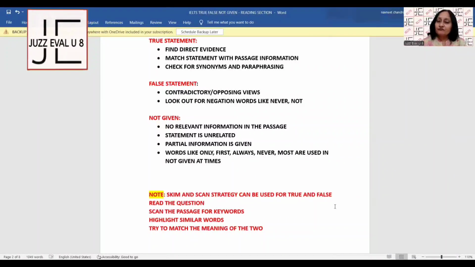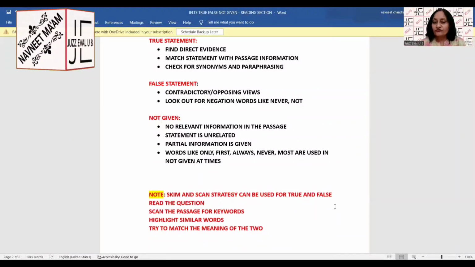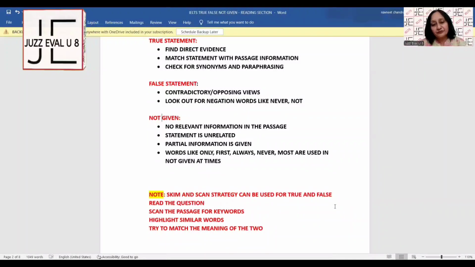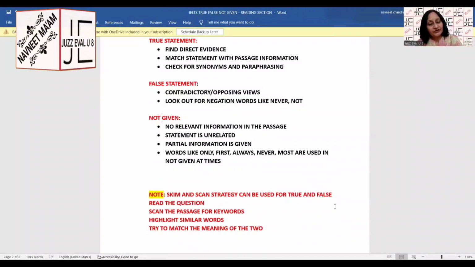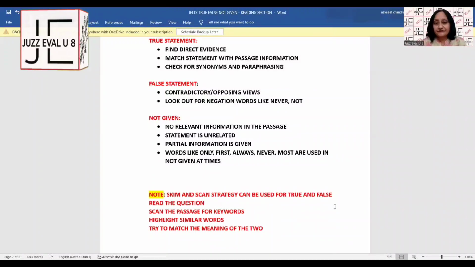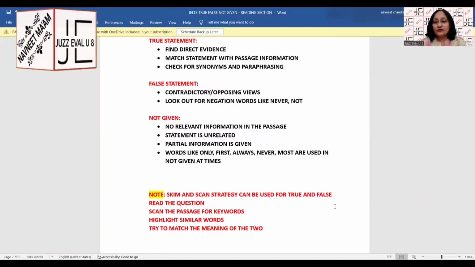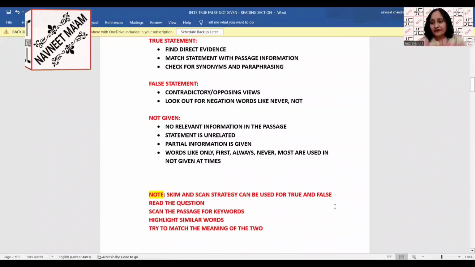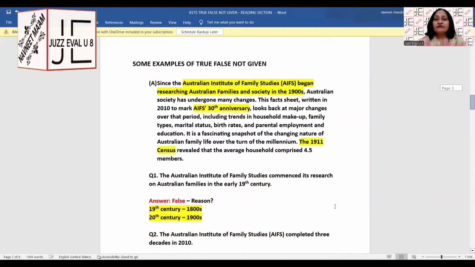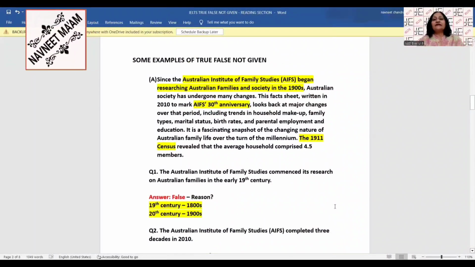Go to the passage, just scan, look for the keywords, highlight those, and then match the meaning of the statement in the question and that in the passage. And you'll get your answer. Pay attention to all these points. Okay, so to make things easier for you, I have a few examples here.